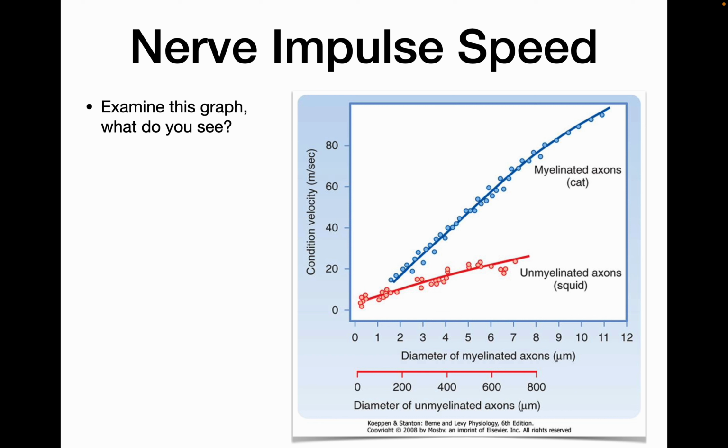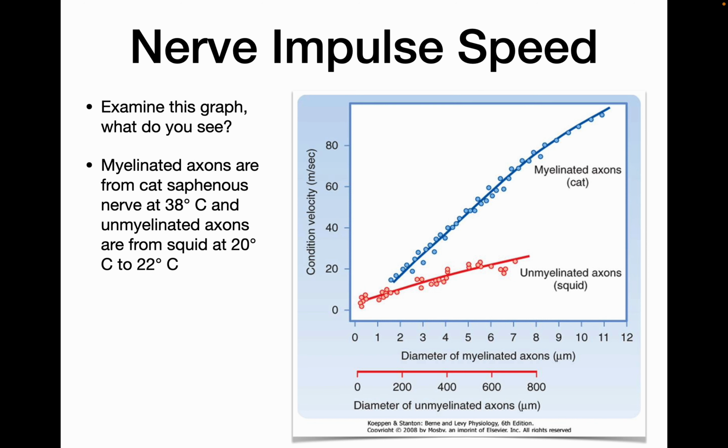Well, hopefully you're noticing that there's a very different speed of these 2 neurons, right? We have the myelinated neuron for a cat, and we have unmyelinated of a squid. So which one is going faster? Well, as we increase the diameter, it has a direct impact on the increase in velocity for the myelinated cat neuron.